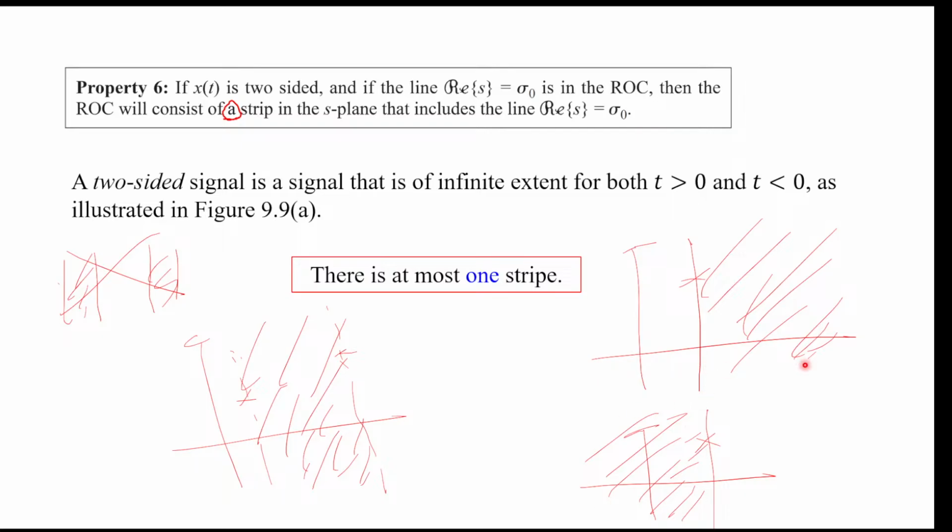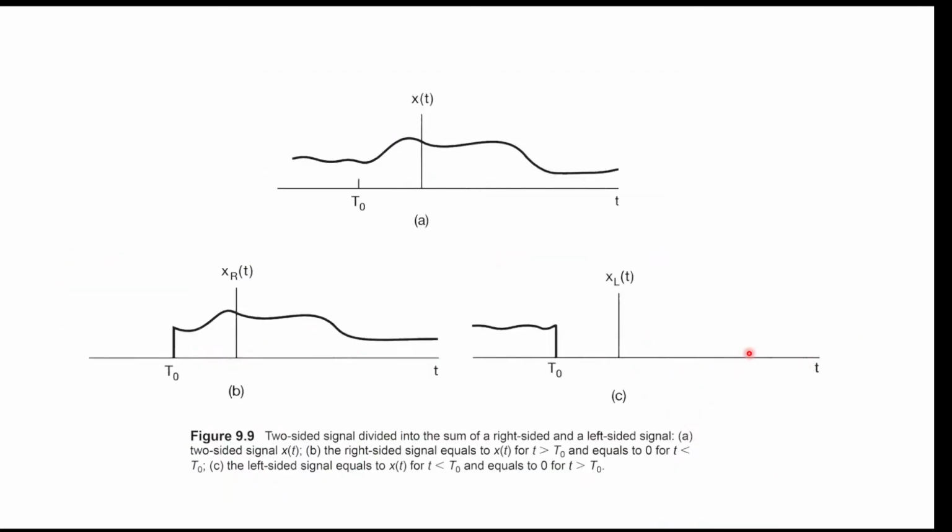And so the intuition here is that we have a two-sided function, extending to positive infinity and negative infinity. Then we can cut this function into two parts. We pick an arbitrary point t0 here, and we cut this function into a right-hand part and a left-hand part. The right-hand part is zero when t is less than t0, and x of t otherwise.